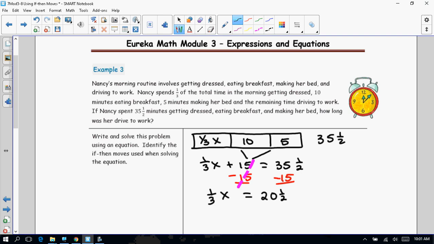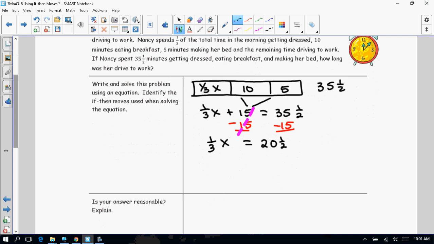Well, in all of the other problems that I've done, I have divided by 3. Well, I can't divide by 3 here. I could divide by 1/3, but dividing by 1/3 is the same as multiplying by its reciprocal. Multiply by 3 over 1. Totally legal. Multiply by 3 over 1. Again, you all have the wonderful power of a calculator, but what happens when you multiply those two numbers?